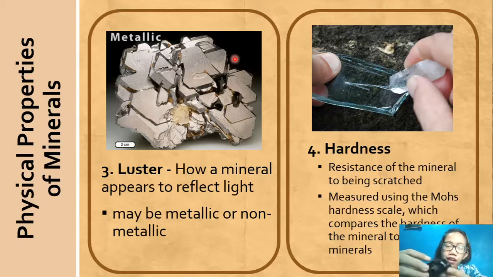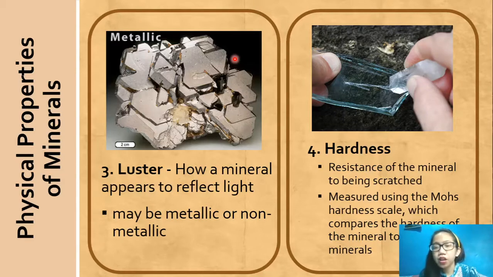It shines more like glass, so those are different. Sometimes it's more of a pearly nature instead of having a metallic luster. Just for simplification, we will refer to this as luster, being metallic or non-metallic.